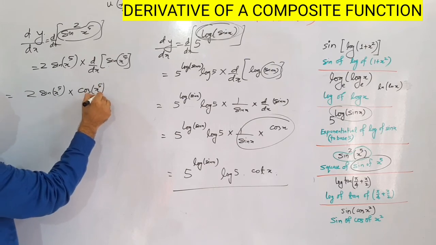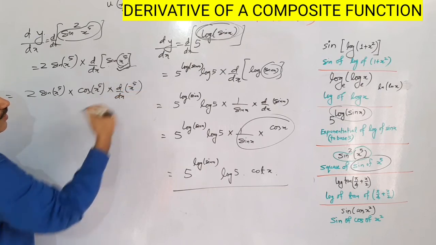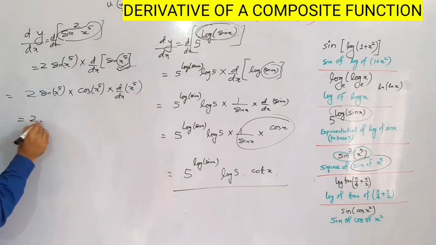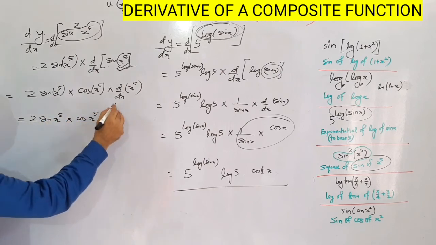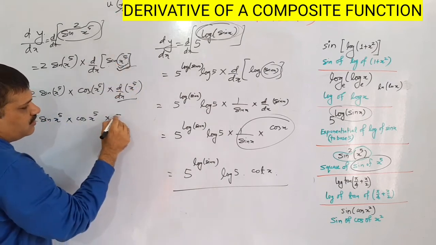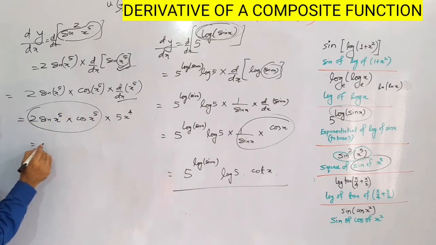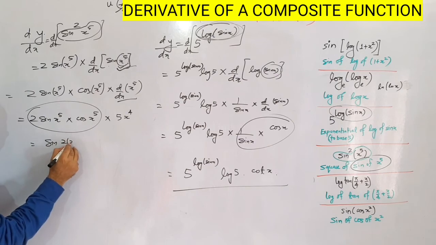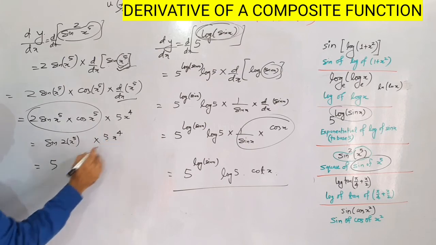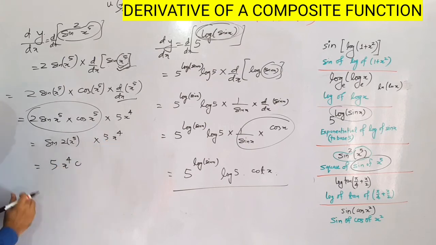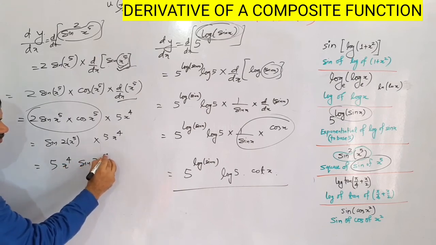Cos of x raised to 5, treating this as u, the derivative of x raised to 5 with respect to x is by the power rule n x raised to n minus 1. 2 sine theta cos theta is sine 2 theta. So sine of 2 times x raised to 5 into 5 times. So this is finally 5 times x raised to 4 multiplied by sine of 2x raised to 5.